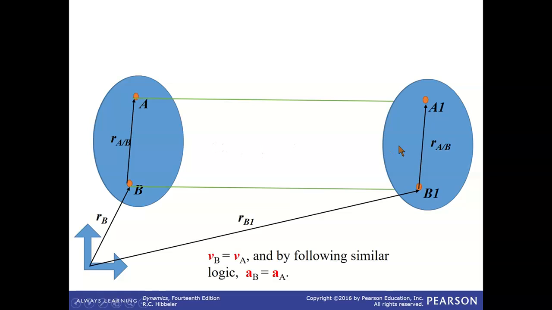It doesn't have to be perfectly horizontal. It can also be at a 45-degree angle, or can be vertical, going left or down. But as long as all the points on the body have the same velocity and acceleration, that motion is known as translation motion.